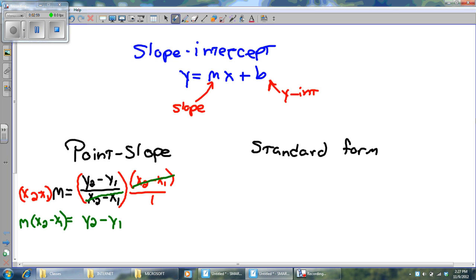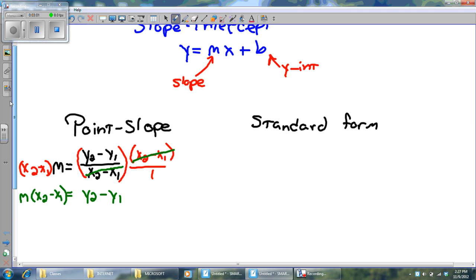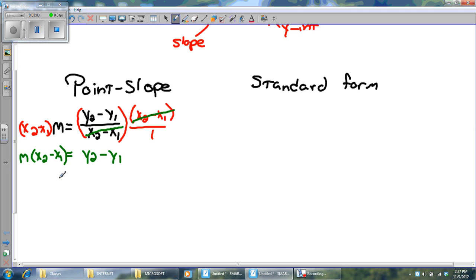Well, point slope form looks almost exactly like that green one. We write y minus y sub 1. What's y sub 1? It's the inverse of the y coordinate.